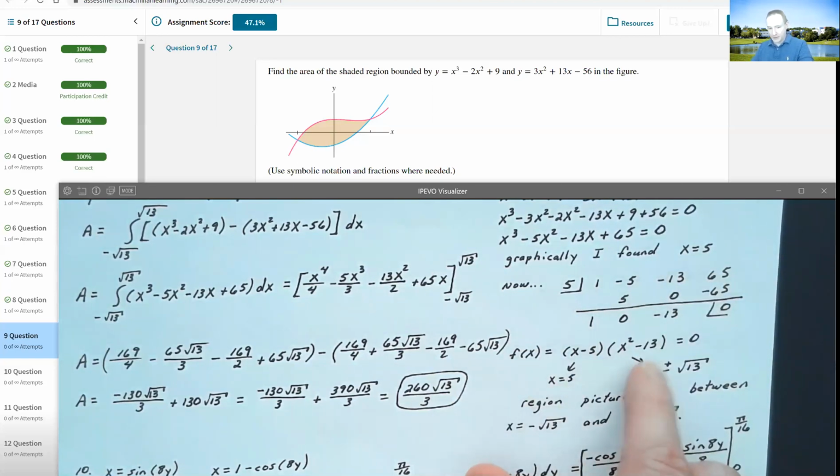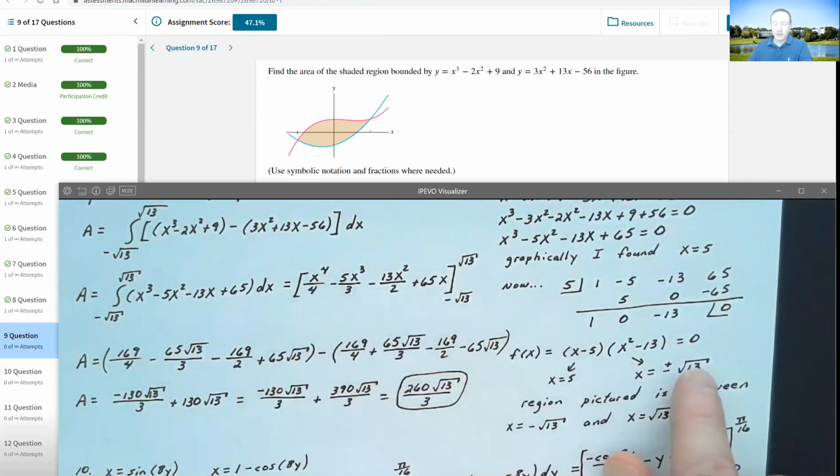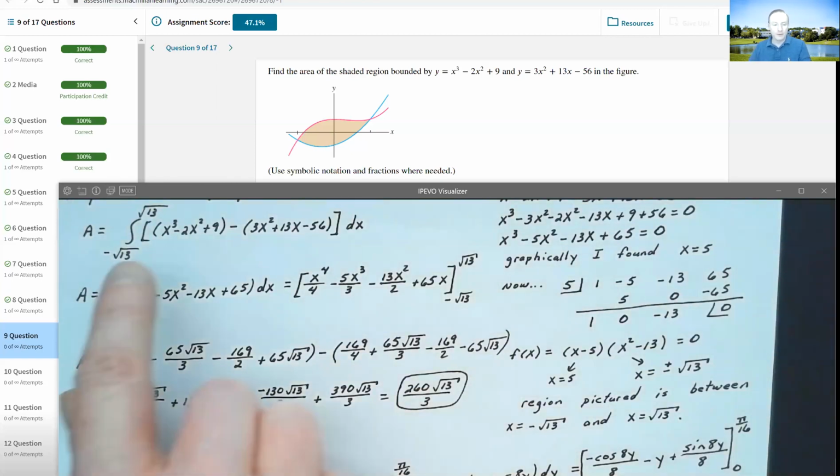Set your second factor equal to 0, and you'll get the positive and negative root of 13. Now, the region in our picture is just the region between the negative and positive root of 13. Please notice in the picture how it's equidistant from the y-axis in each direction, so it has to be the negative and positive root of 13. So yes, they are going to intersect again later on, but that's not relevant for the area that we're interested in.